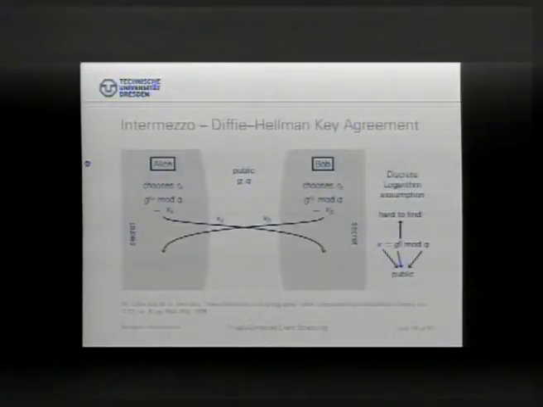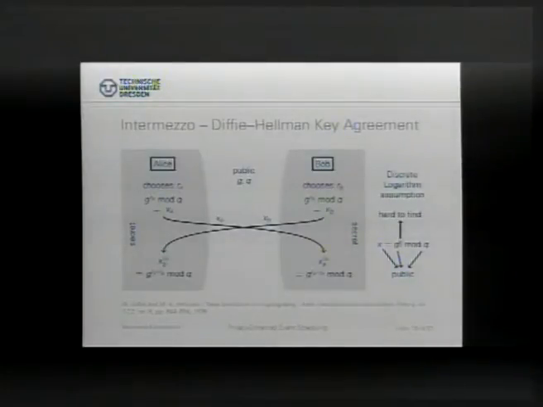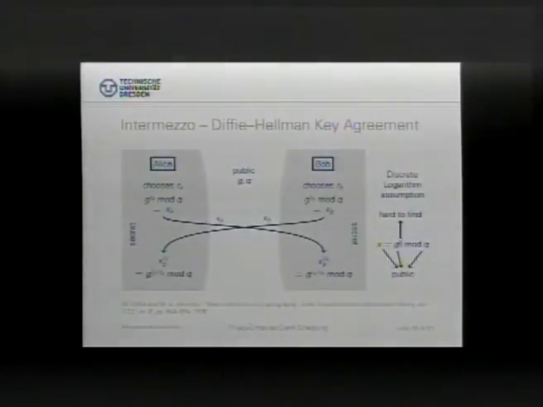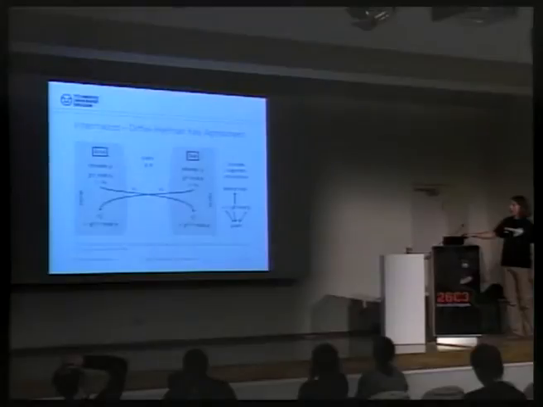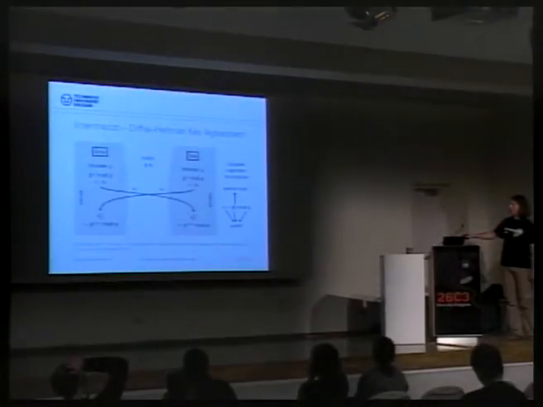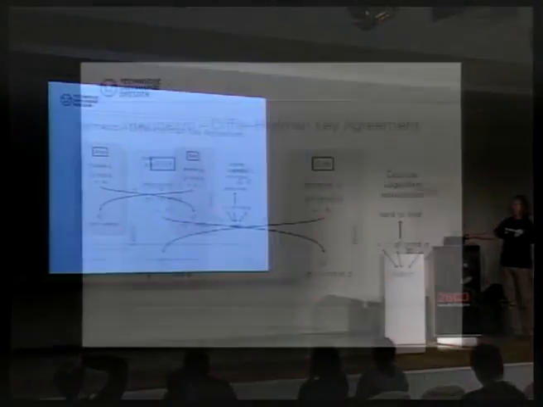Afterwards, this X is exchanged, and from this value, everybody can take his randomly chosen number and calculate XB to the RA or XA to the RB. So if we look at what is inside this XA, there was G to the RA, and G to the RA to the RB is the same as G to the RA times RB.